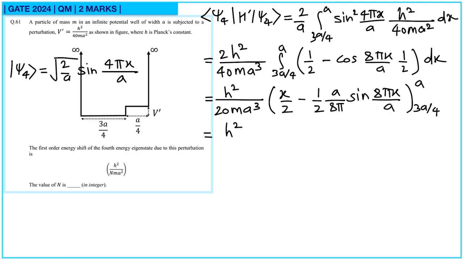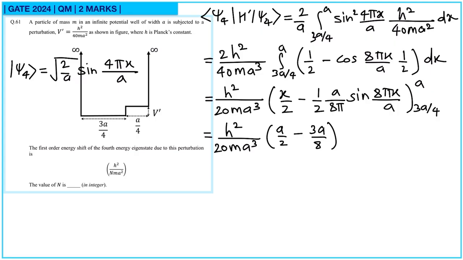This is equal to ħ square upon 20 m a cube, and here we have a by 2 minus 3a by 4 by 2, so 3a by 8, minus, if we put a here, then this will be sine 8 pi, which is equal to 0, and if we put 3a by 4 here, then also it will be sine n pi type of function, which is equal to 0.